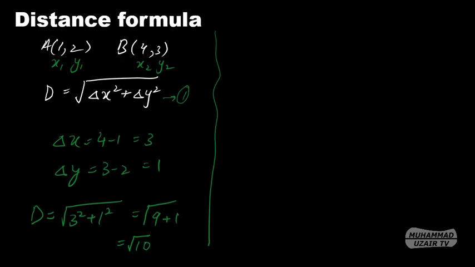Let's suppose same points, A is (1, 2) and B is (4, 3). If we change the direction, in this case this is the first point and this is the second point. Let's change the condition. Let's suppose this is first point x1, y1 and this is x2, y2.